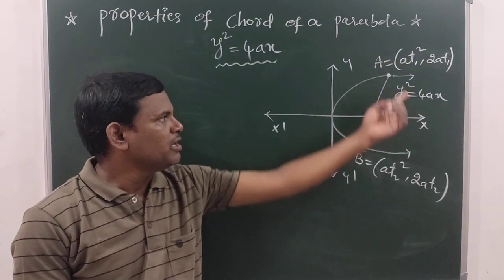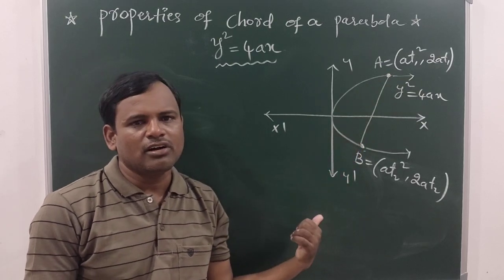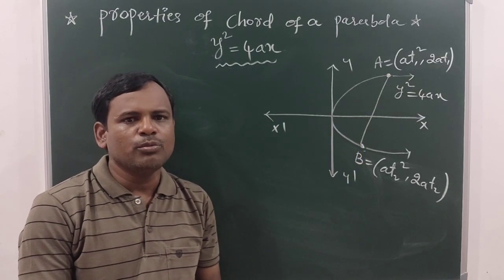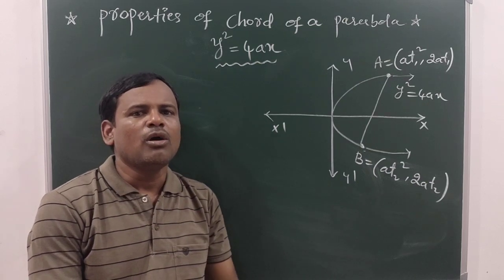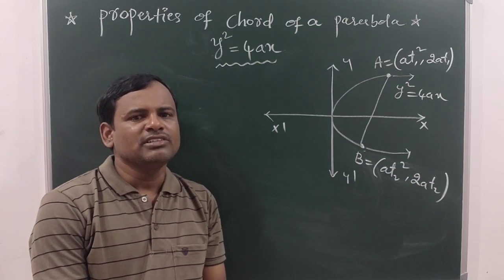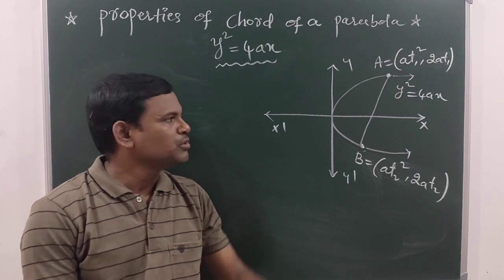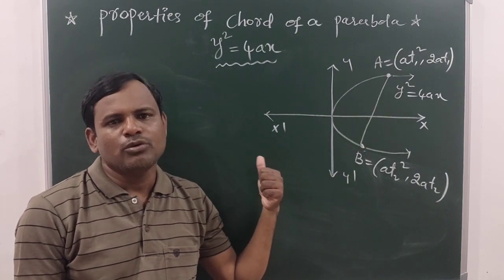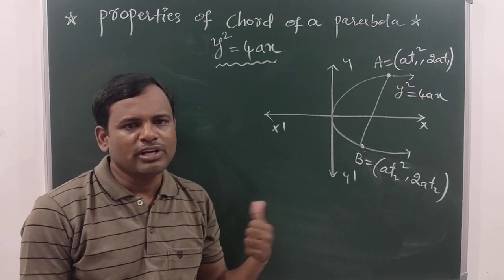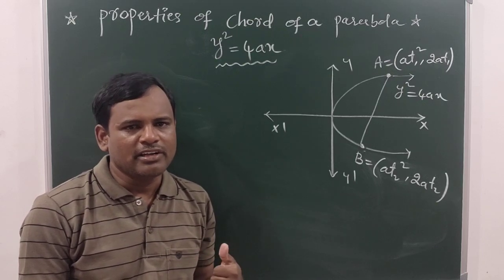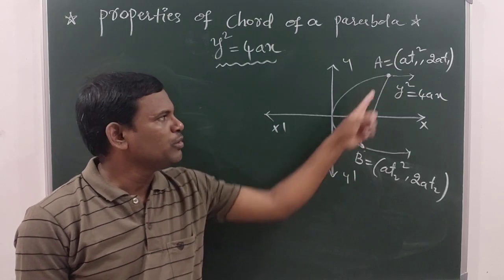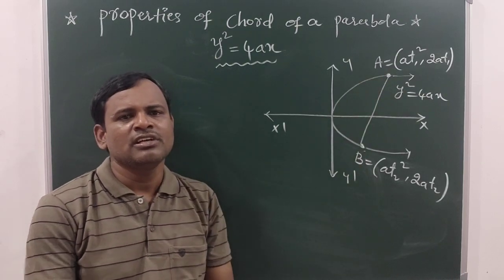Otherwise, here AB is a chord, which is nothing but a line segment. When 2 points on a line are given, how do you determine the equation of the line? You learnt in the straight lines chapter to apply the 2 points form of a line equation, so that you are able to find the equation of this chord.